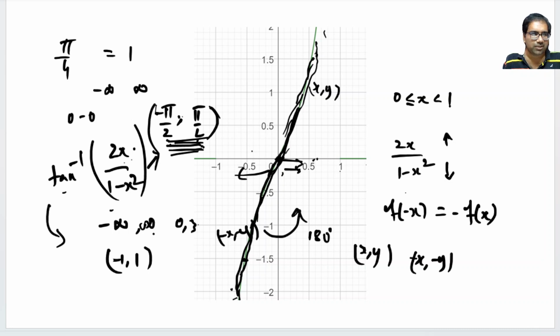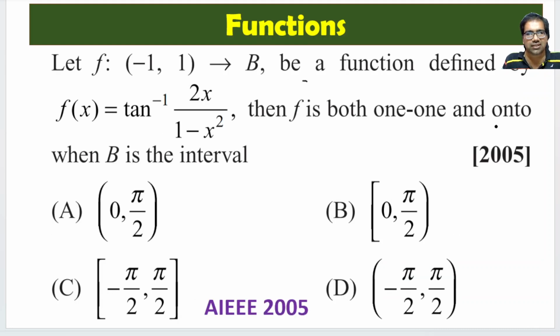So that means this function is onto also. When the range is minus pi by 2 to pi by 2, which is open brackets because tan is not defined when it is closed brackets, right? Then this function is both one-one and onto, right guys?